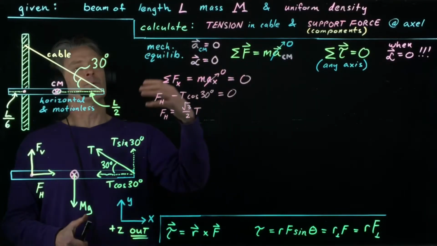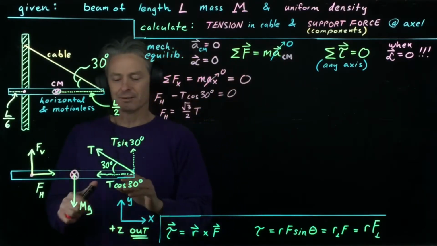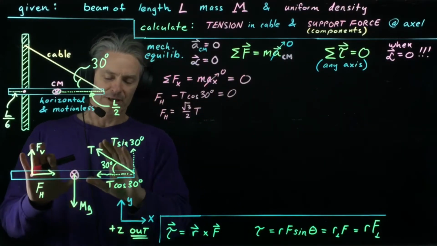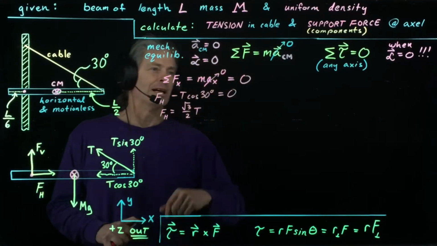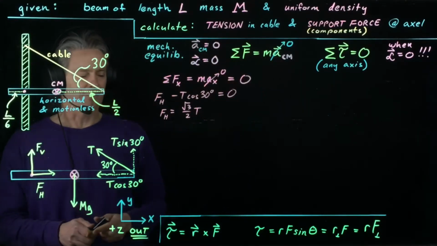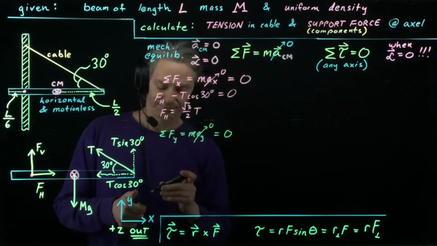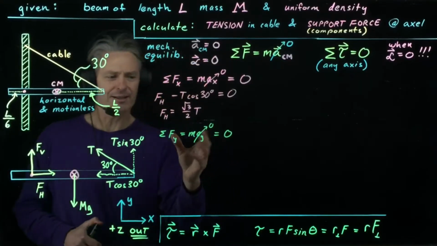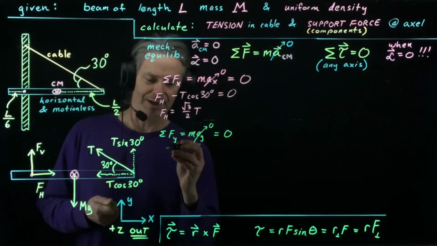Well, we've got one more equation left for forces. Again, we've got no z component equation that'll give us any information because we have no z component forces. However, we can look at this in the y direction. So let's do that. Looking at our forces, we've got F sub v in the positive y direction.